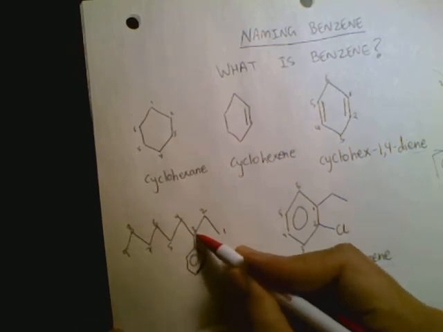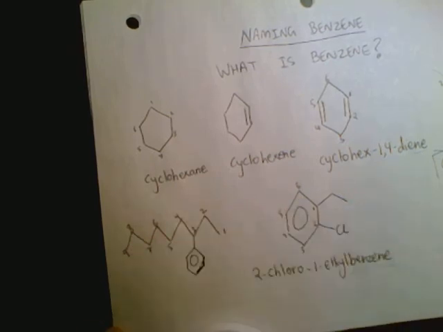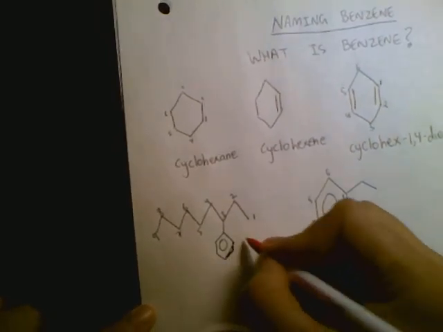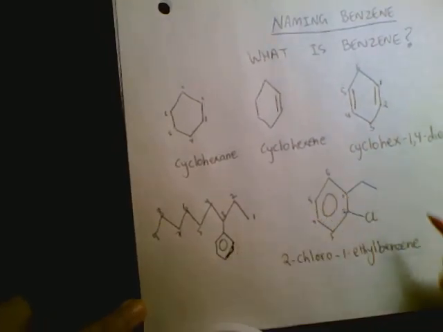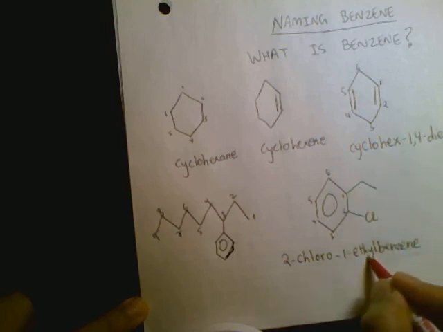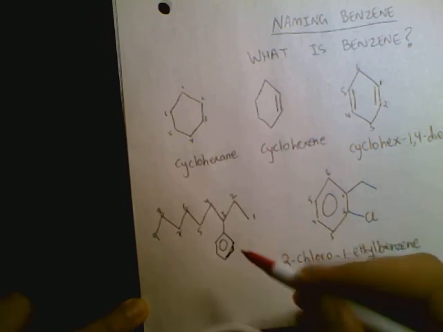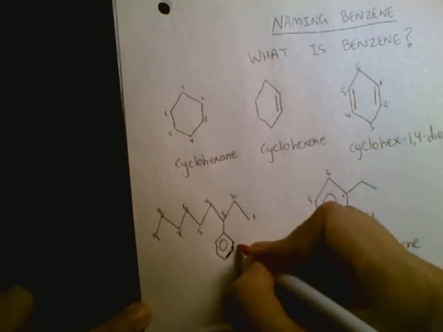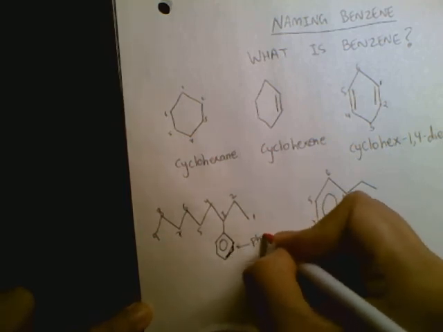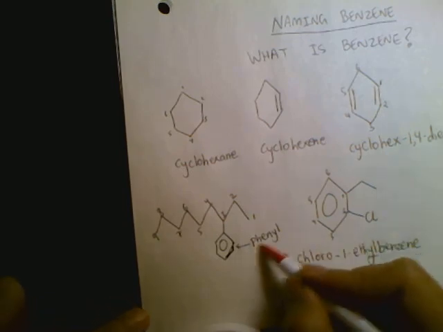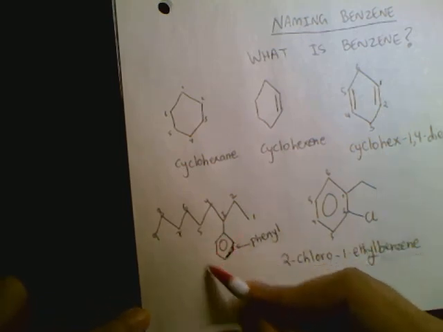So here on the 3rd position on this 9 carbon chain, it will be written as phenyl. Okay, just like a long chain of carbons as a side group. If you remember, this is -yl ending, right? Ethyl instead of ethane. Benzene, instead of writing it as benzene as side group, we name it as phenyl. Okay, phenyl, when you see that, that means it's benzene as a side group.